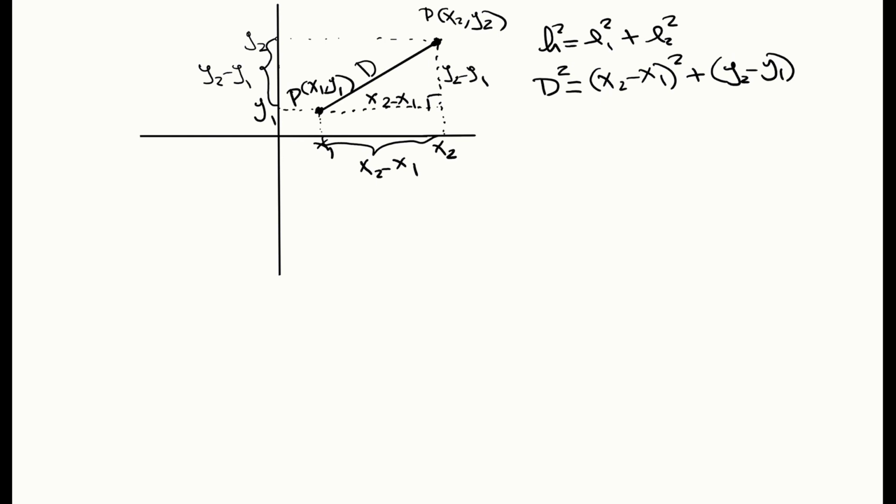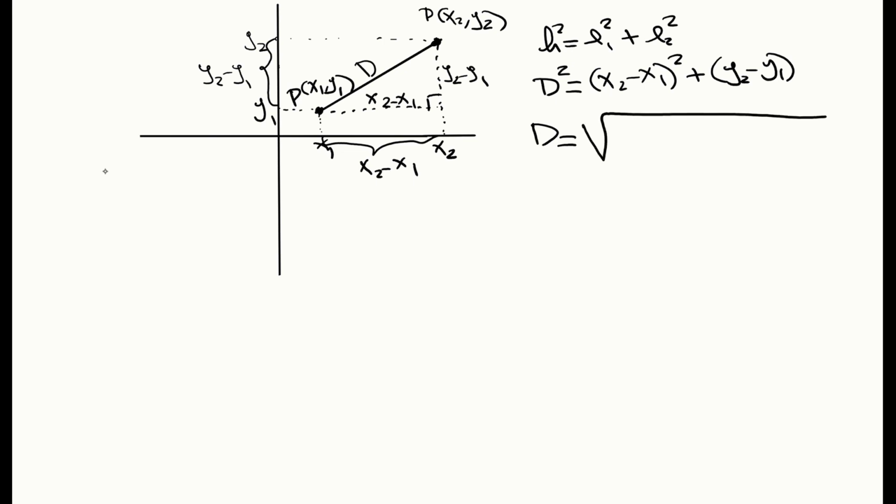So now we know that we have d squared, but we want d, so what are we going to do? We're going to take the square root of the expression on the right. So we're going to get d equals, again, normally it would be plus or minus the square root, but since we're looking for a positive distance right here, we're just going to take the positive square root.